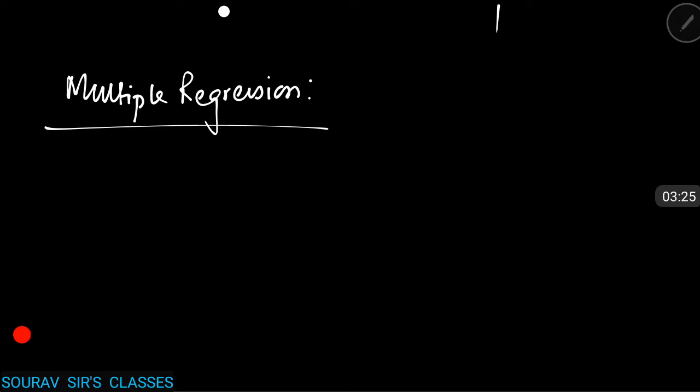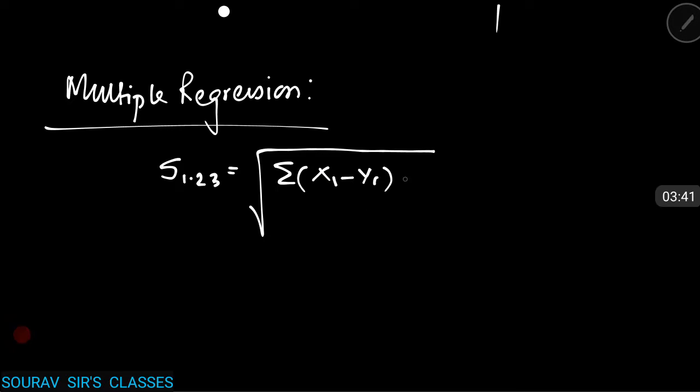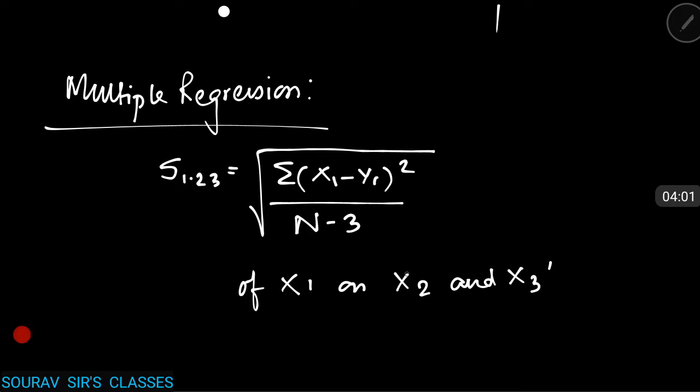The standard error of the estimate of x1 on x2 and x3 is S1.23, equal to root under summation x1 minus y1 whole square divided by n minus 3, where S1.23 is the standard error of the estimate of x1 on x2 and x3, x1 is the original value of x and y1 is the estimated value on the basis of the regression equation.